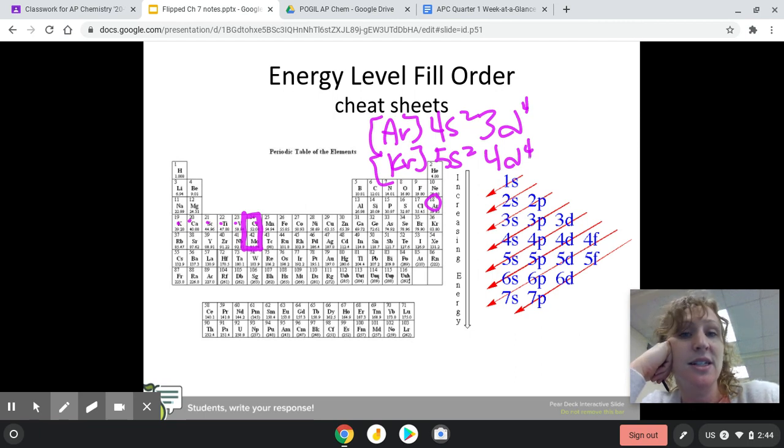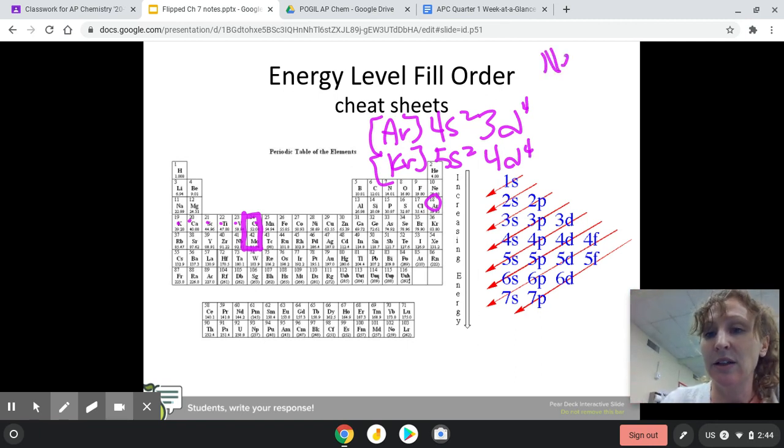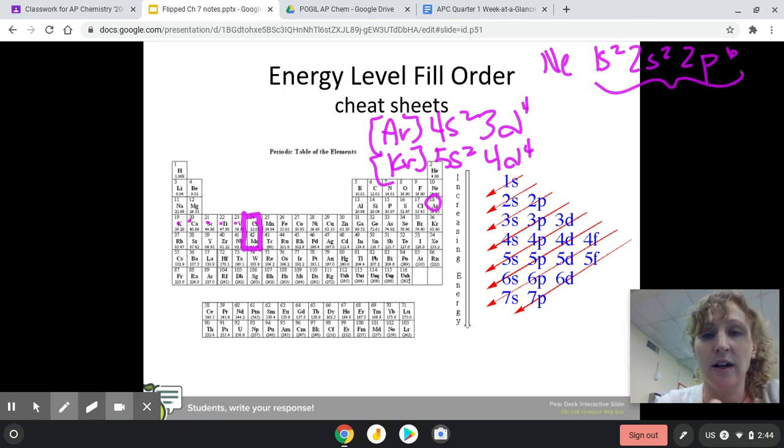Now, here's the deal. We've talked about how there's this special stability that happens when all of the orbitals are filled, and that's what happens with the noble gases. If we look at any of the noble gas electron configurations like neon, what we see is every single one of their orbitals is completely filled.